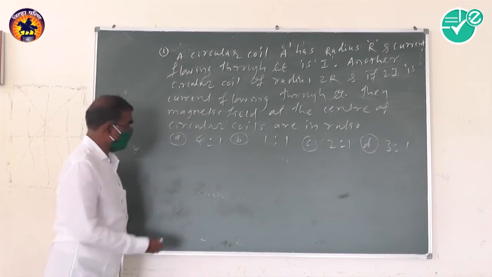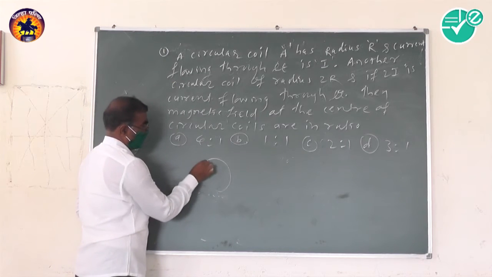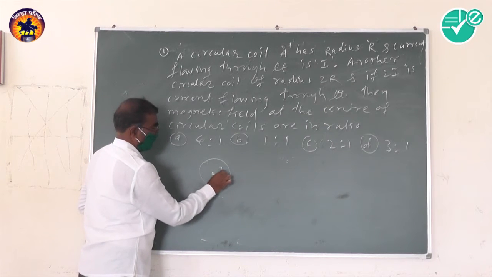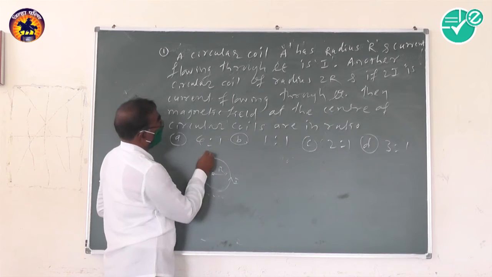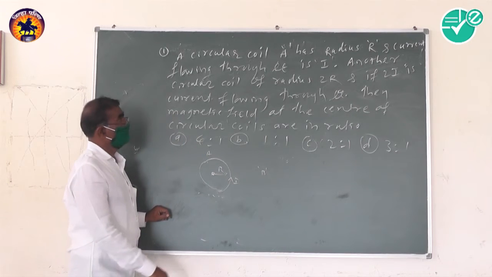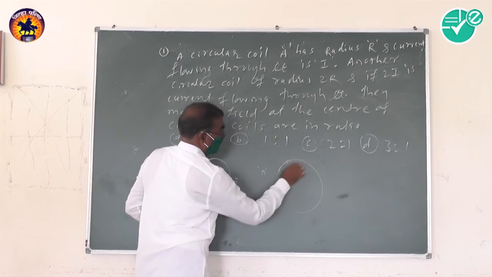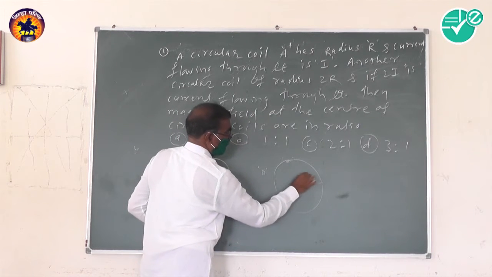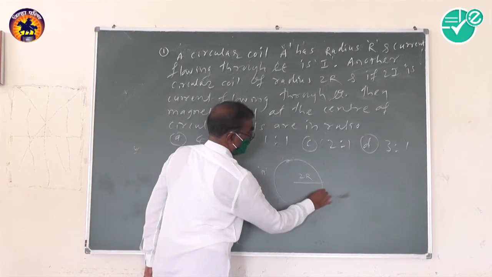See here, a circular coil A of a radius capital R and carrying a current I. Second coil B, circular coil B has a radius 2R, double of the first, and carrying a current 2I.